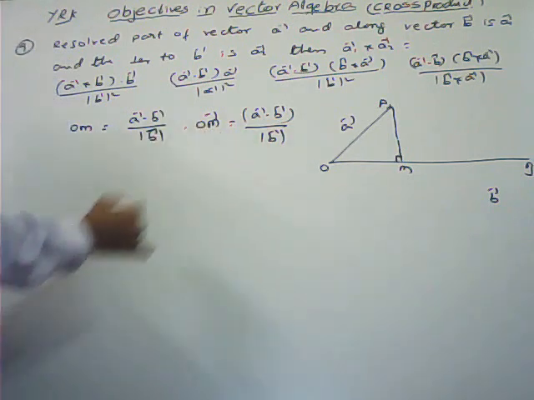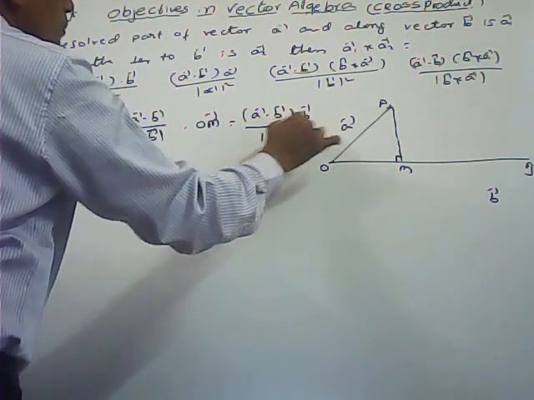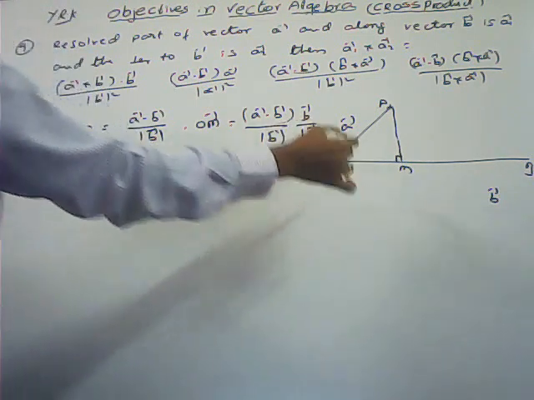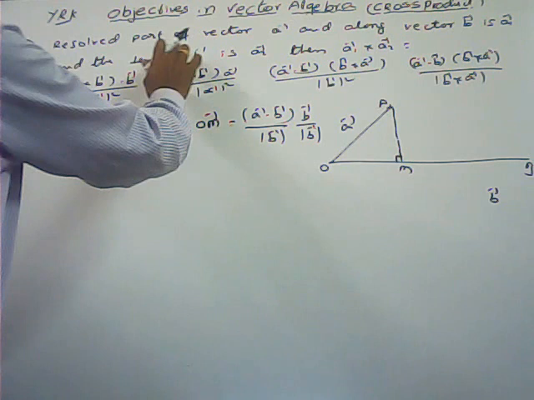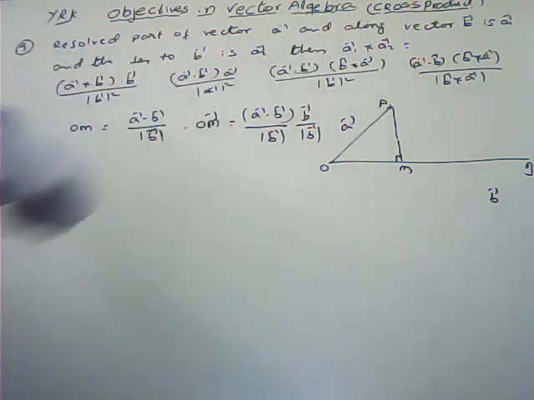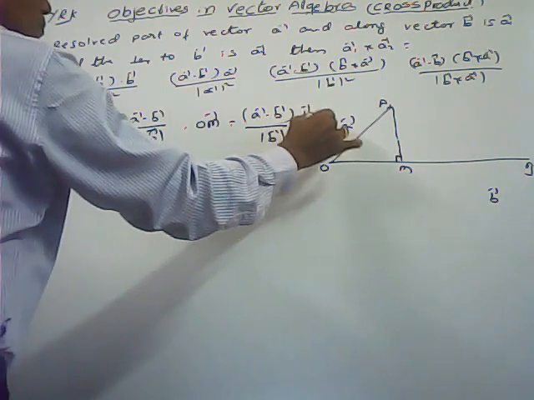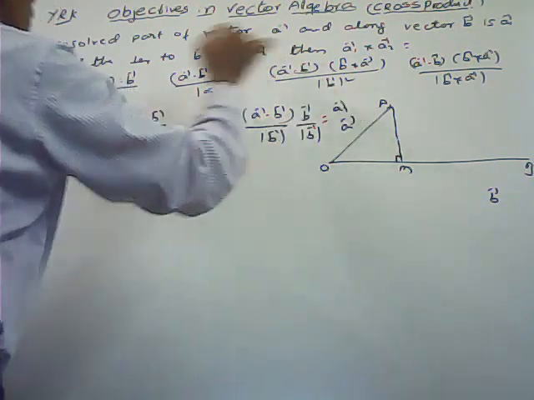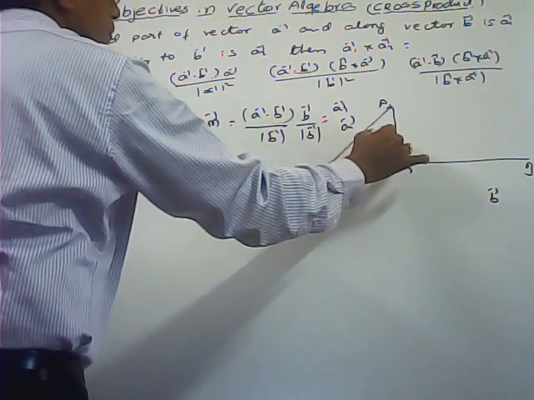So OM bar we got. What they have given is that this is A1 bar, and the part perpendicular to B bar is A2 bar.